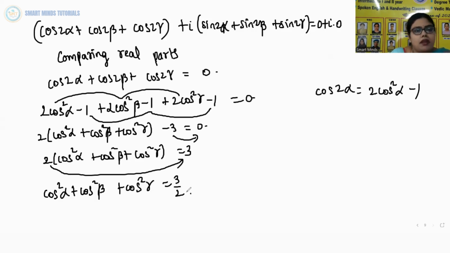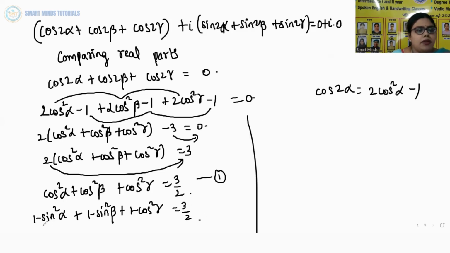Okay, now let's take this as equation number 1. Now cos square alpha, can I write it as 1 minus sin square alpha from trigonometry? Then cos square beta, can I write 1 minus sin square beta? And cos square gamma, 1 minus sin square gamma, is 3 by 2. Okay, now 1 plus 1 plus 1 is 3.